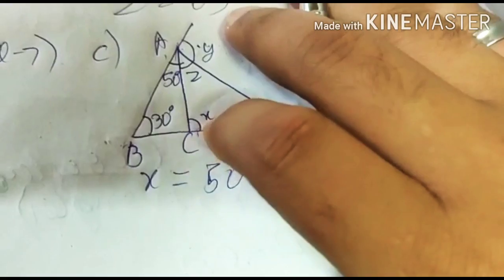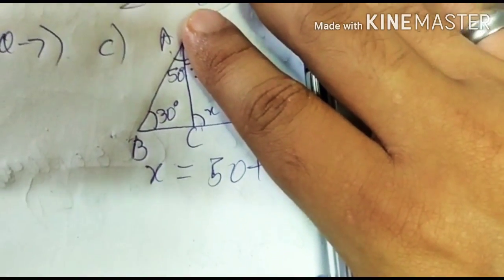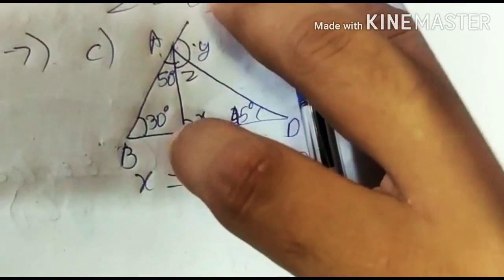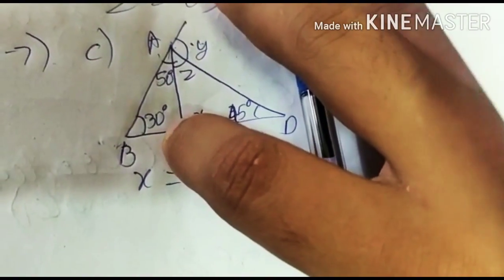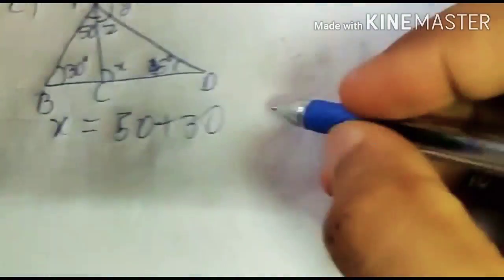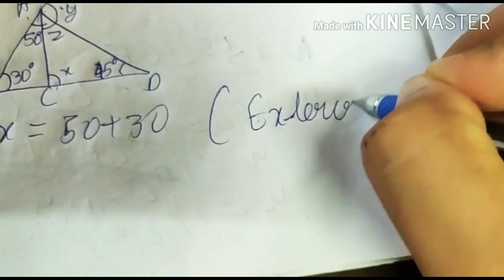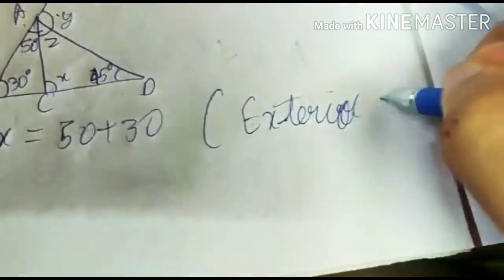If x is the exterior angle, its interior angle will be this, and we don't have to take this, we have to take the interior opposite. So opposites are 50 and 30. Exterior angle property.